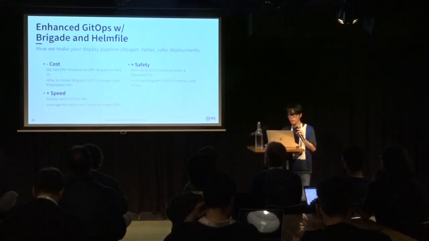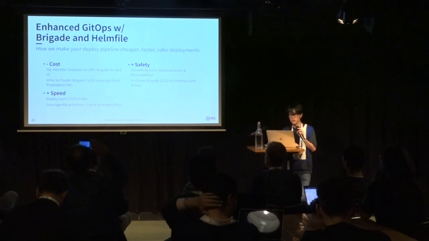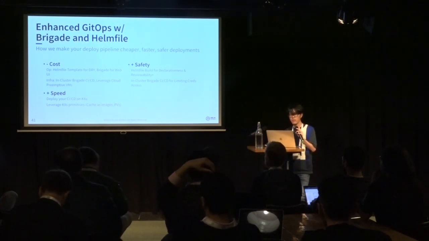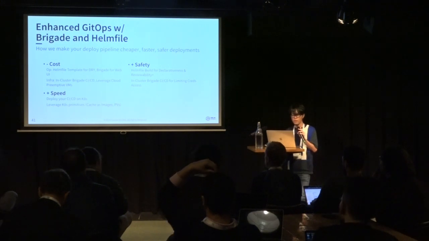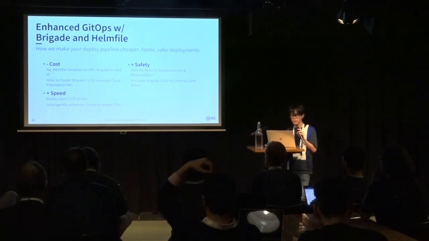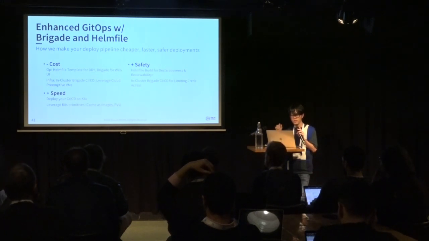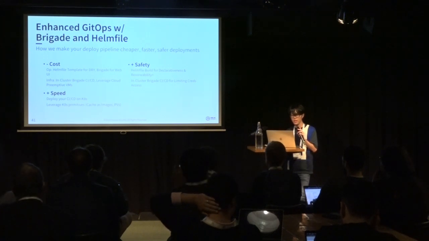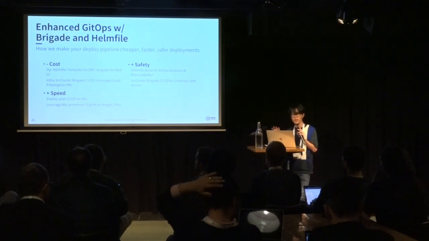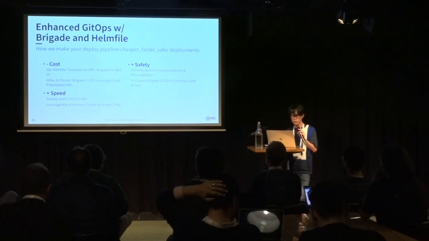So what I would say here is that you can enhance GitOps pipeline with Brigade and Helmfile. With Helmfile template for dryness and Brigade for web UI, you have a reduced operational cost. For infrastructure, in-cluster Brigade CI/CD pipeline, leveraging cloud preemptive virtual machines, you can have reduced infrastructure cost.